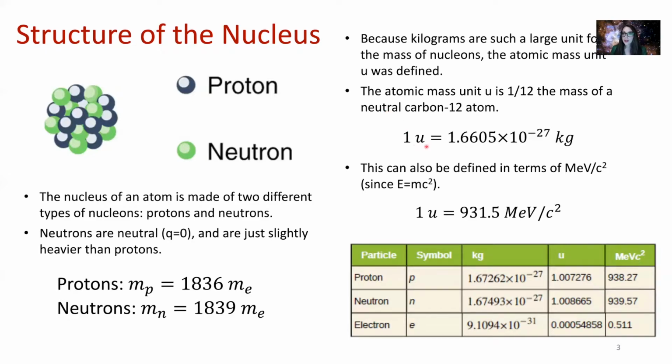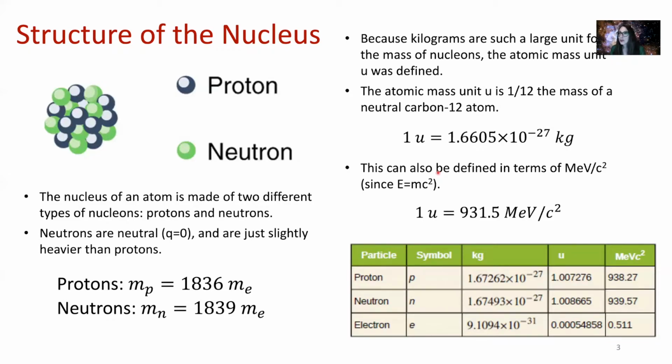One atomic mass unit is equal to 1.6605 times 10 to the minus 27 kilograms. Now, we can also define these masses in terms of electron volts per the speed of light squared, eV/c² or MeV/c².